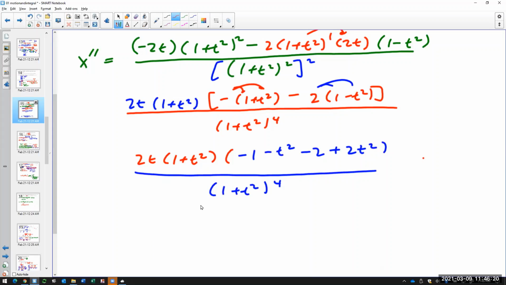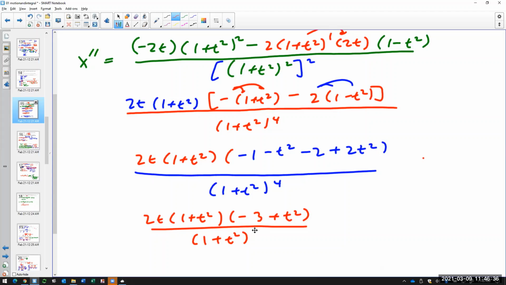There's lots of things you can do here. I'm going to go ahead and just simplify what's in here. This will be 2t times (1 plus t squared) times, in the parentheses, (t squared minus 3), all over (1 plus t squared) to the 4th. And that's my acceleration.